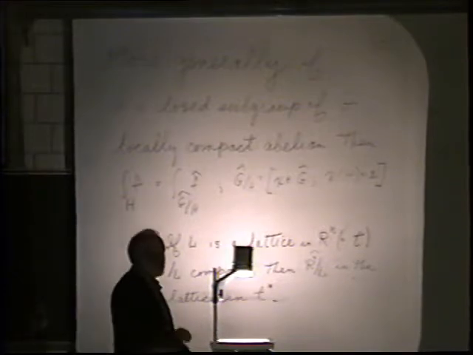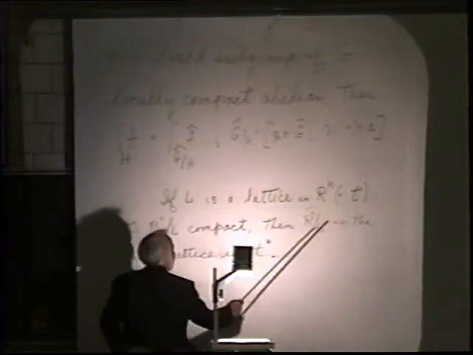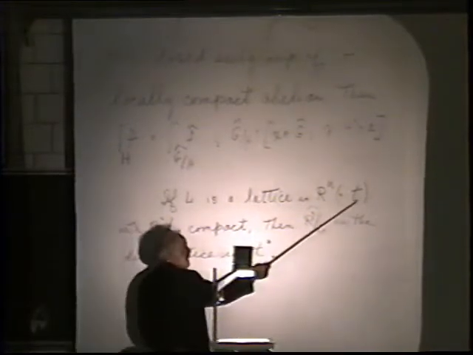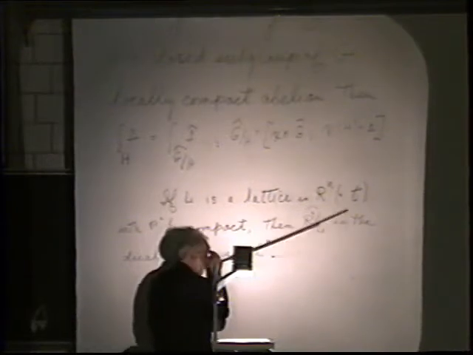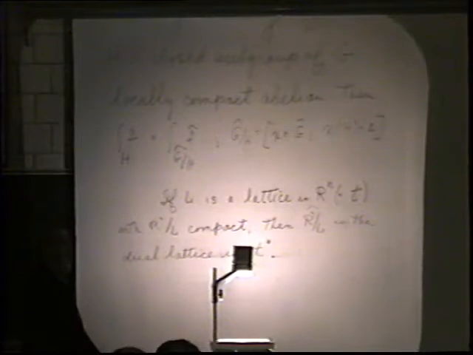If L is a lattice, the special case of some interest is if L is a lattice in Rn, think of the lattice in a maximal abelian subgroup, subalgebra of semi-simple Lie algebra.